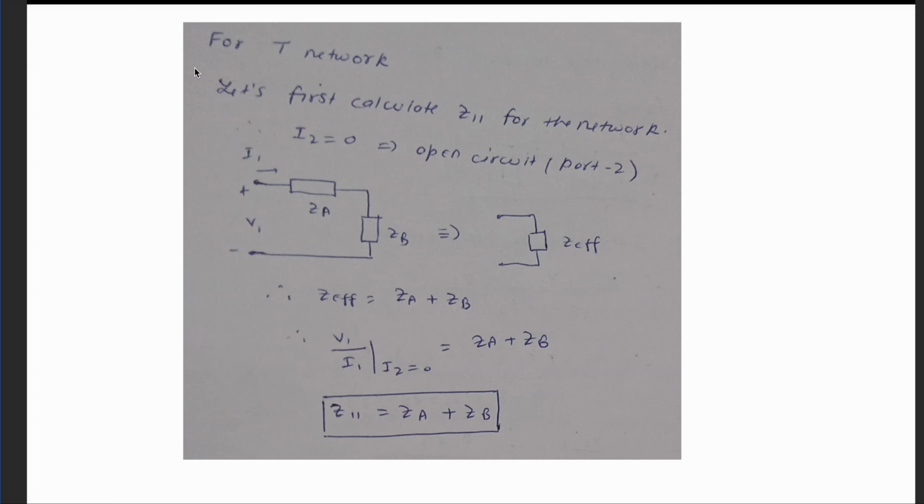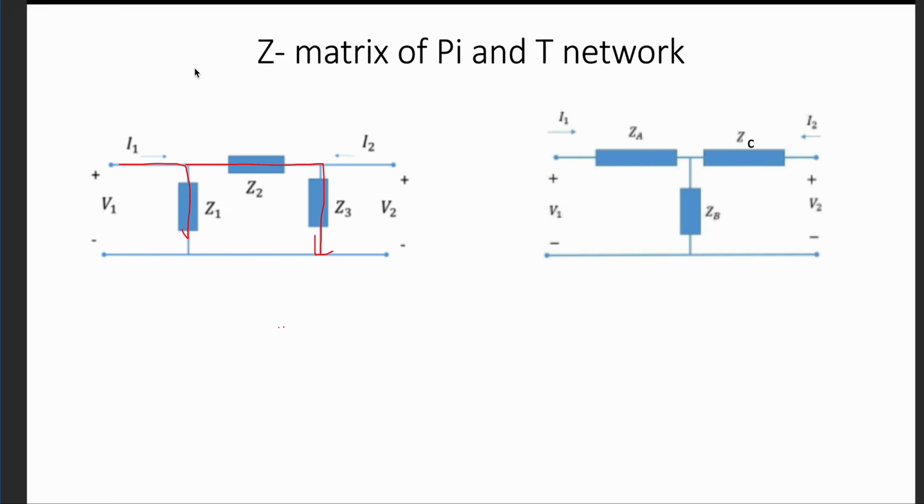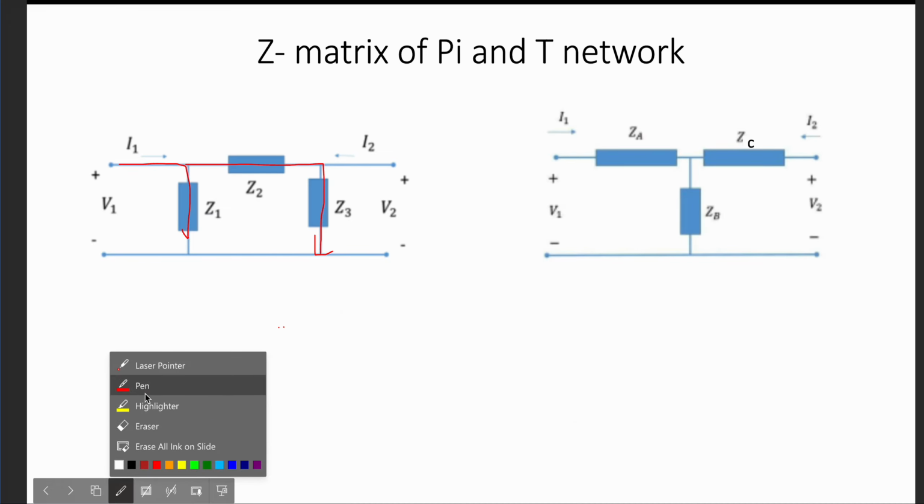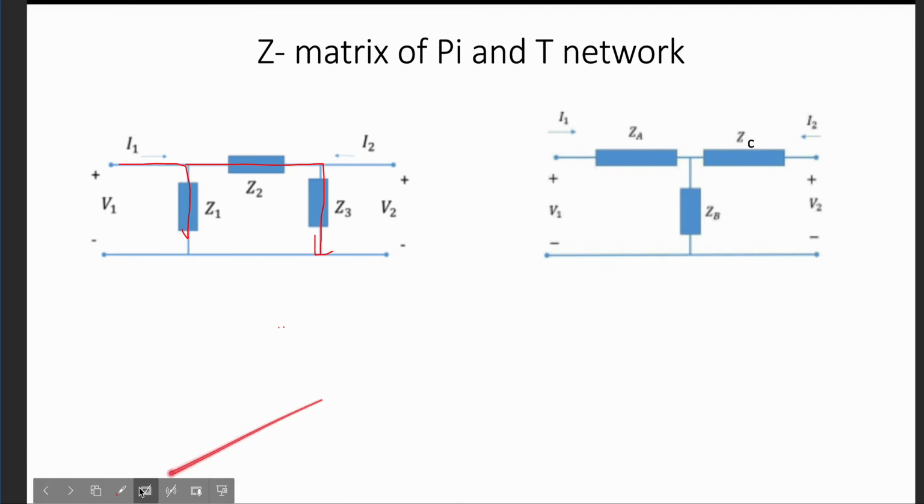So first of all, let's just see this network. Suppose you are calculating Z11, right? So you will say your I2 is 0, so no current is flowing from here, so this will act like an open circuit. It's not a loop, it's open, so no current will flow from here.